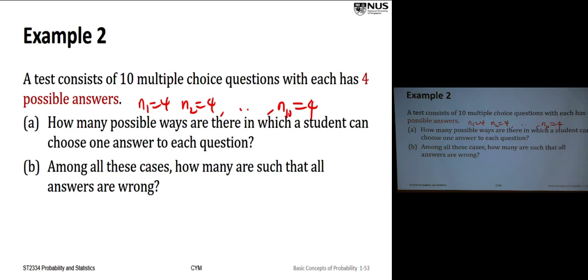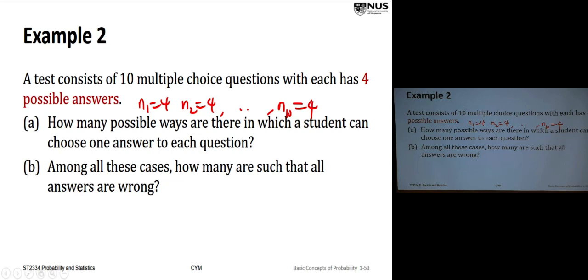Of course, there is something in between. Hey, I can answer 1 correct, the rest wrong. 2 correct, the rest wrong. Right? So these 2 are not complement of each other. All correct and all wrong. But there are some correct, some wrong. For the 10 answers that I choose, maybe some correct, some wrong. So they're not complement of each other.